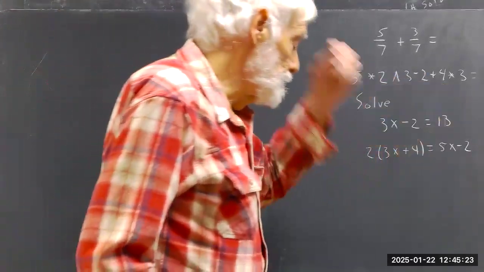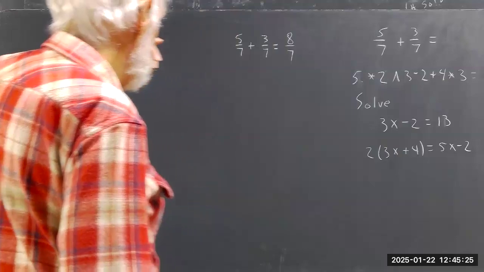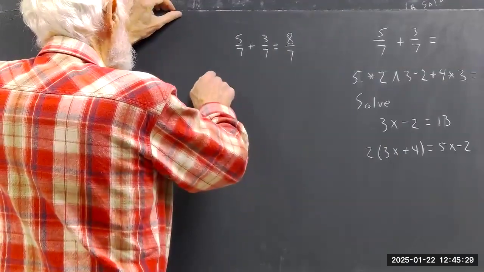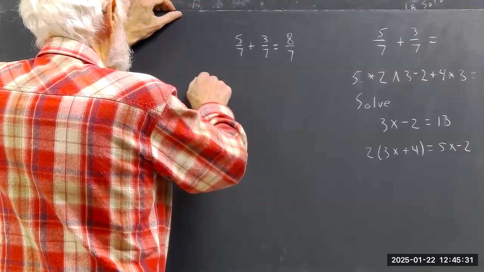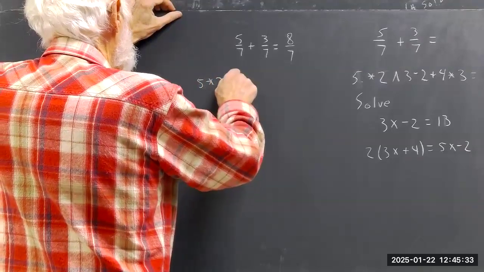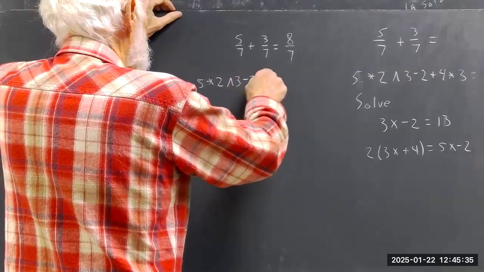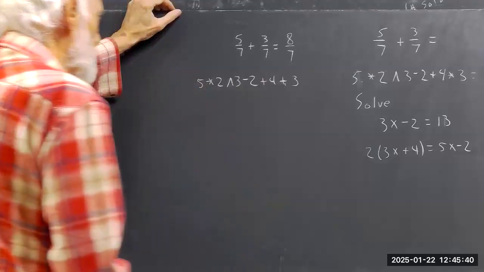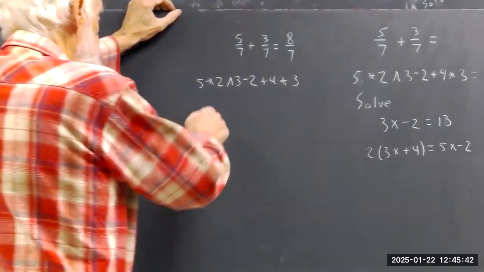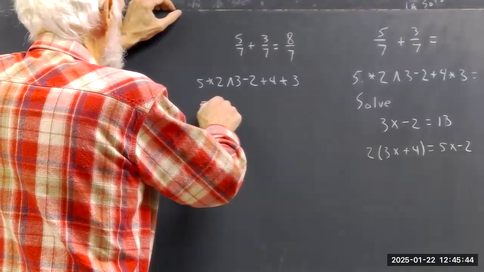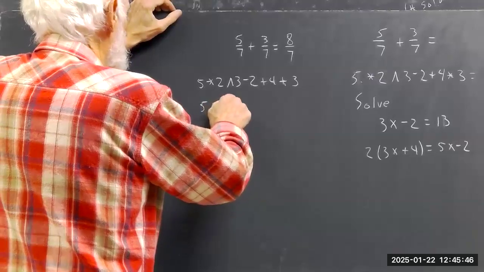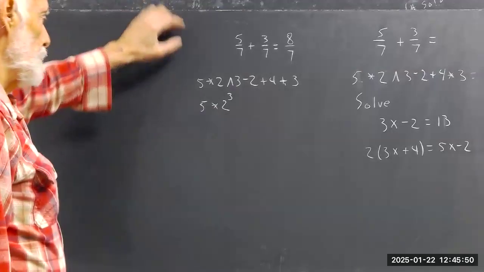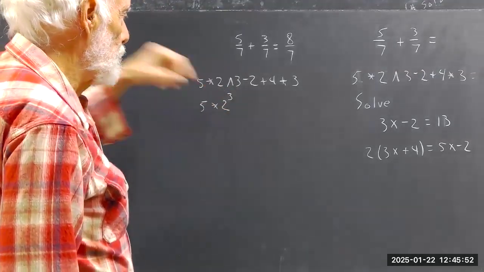Now the next thing is this. If I write this in standard notation, I've got 5 times 2 to the 3rd.